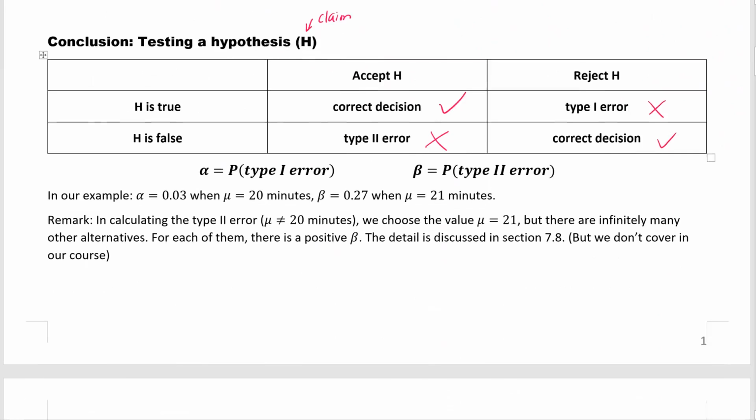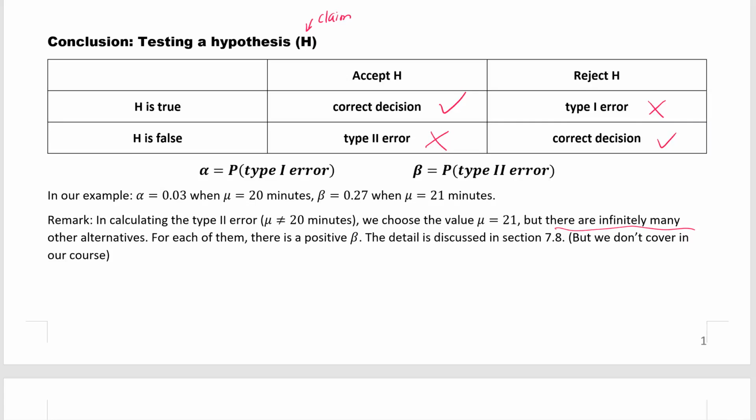Yes, in our example, the probability of type 1 error alpha is 0.03 when the mean is the manufacturer's claim of 20 minutes. Beta is 0.27 when the mean is 21, but when we say the claim is false, the mean is not 20, there are many choices that are not 20. So beta depends on mu.